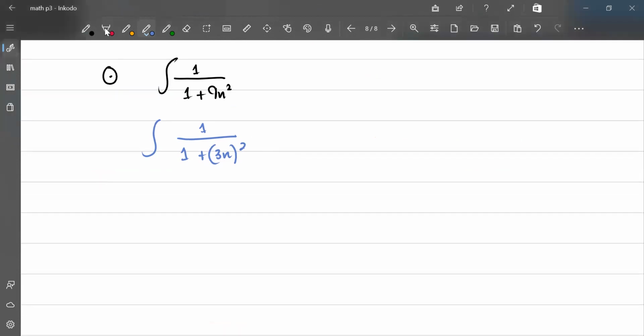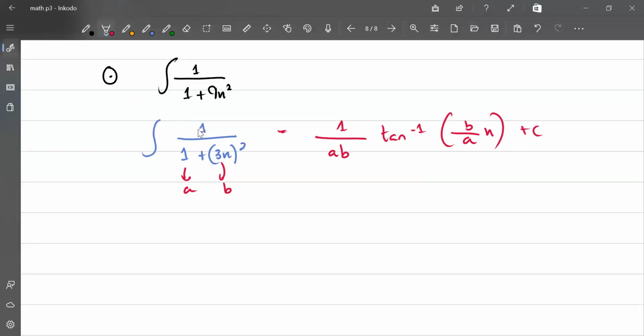Now, since we have A and since we have B with us, we can apply this formula, which is 1 upon AB tan inverse B upon A x plus C. If you apply this, you will get 1 upon AB, 1 upon 3 tan inverse B upon A, which means 3 upon 1 x plus C.